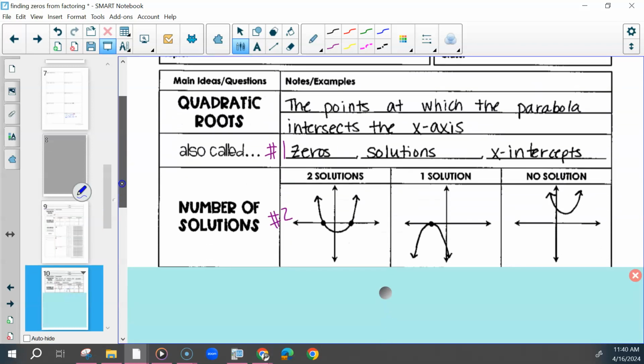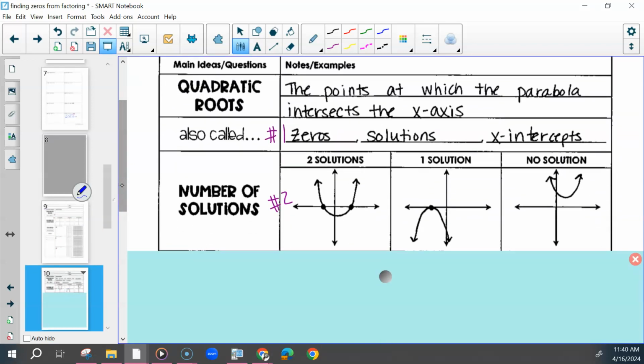All of the factoring that we did and getting solutions at the end could have been done on the calculator in the graph. So we're going to talk about how to find them in the graph for a little bit, and then one last thing, and then you will have time to practice.